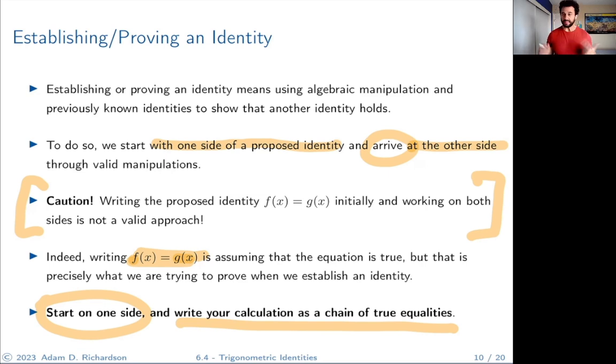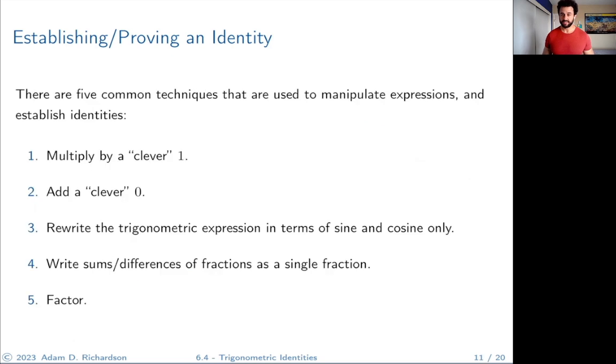But let's talk about some other techniques that we're going to use. There are 5 common techniques that we use to manipulate expressions and establish identities. The first 2 are what I always refer to as the most powerful techniques in mathematics. A lot of powerful results really boil down to using these very simple methods, which is multiplying by 1 and adding 0.